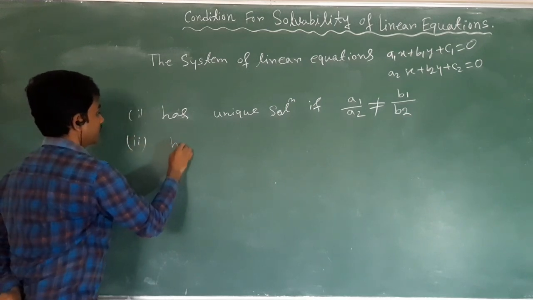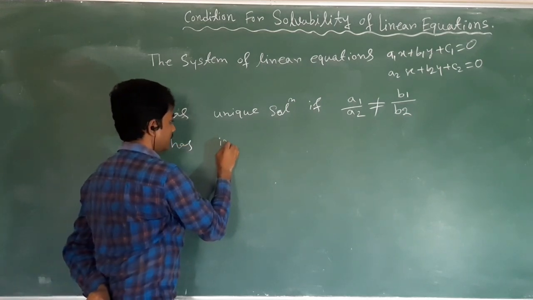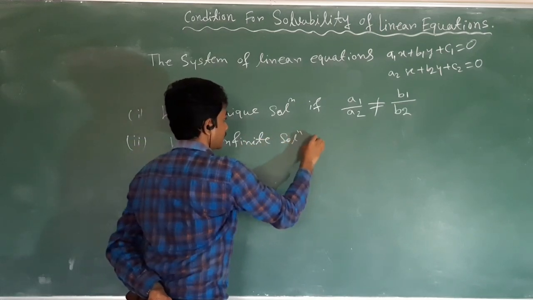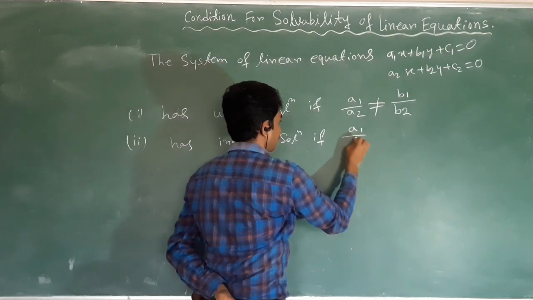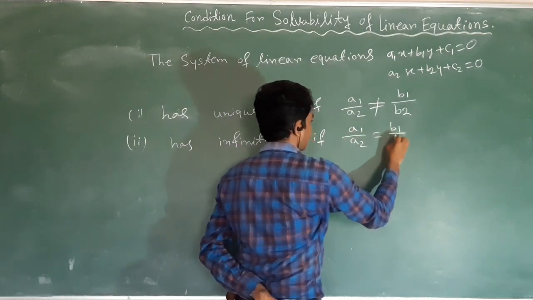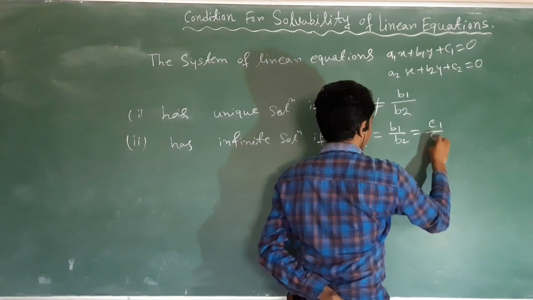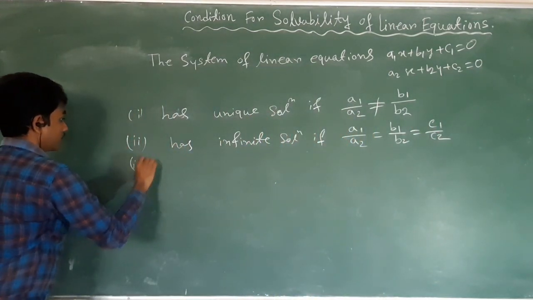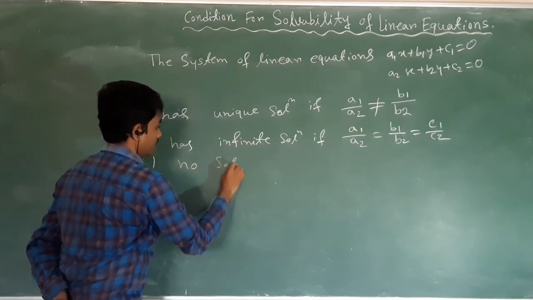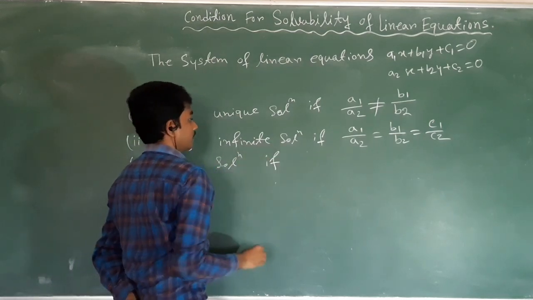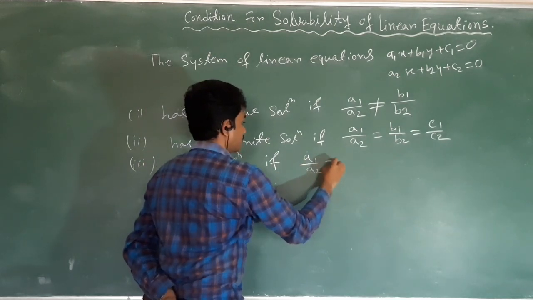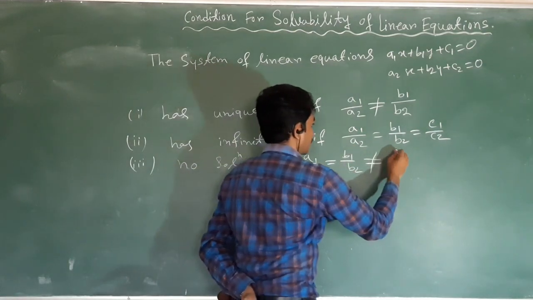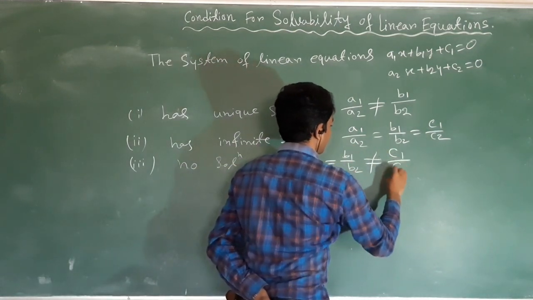And it has infinite solutions if a1 upon a2 is equal to b1 upon b2 is equal to c1 upon c2, and no solution if a1 upon a2 is equal to b1 upon b2 but not equal to c1 upon c2.